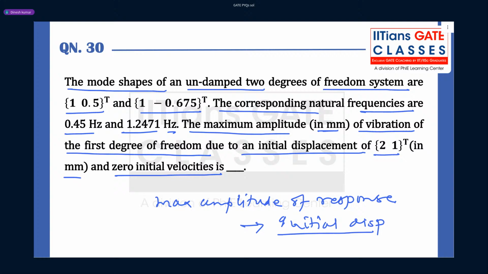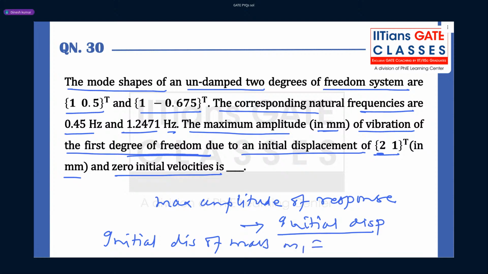Now they asked what? The maximum amplitude of the first degree of freedom. The first degree of freedom is associated with the first mass. And what is the initial displacement for the first mass, m1?